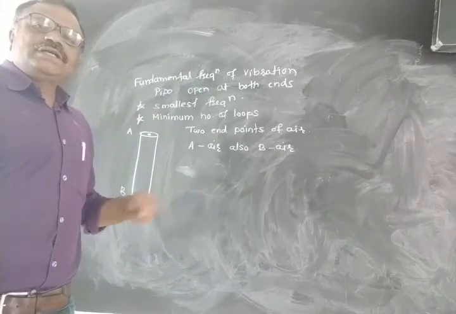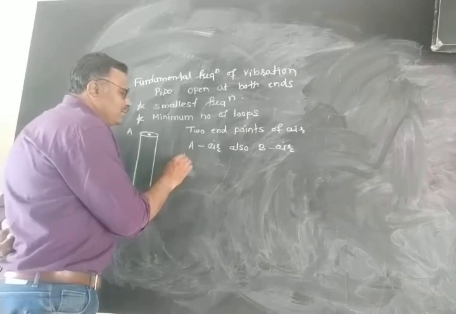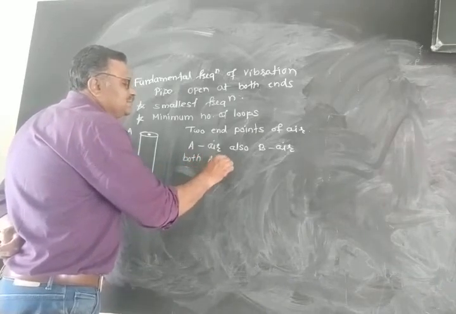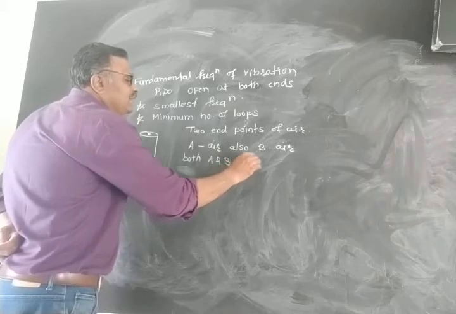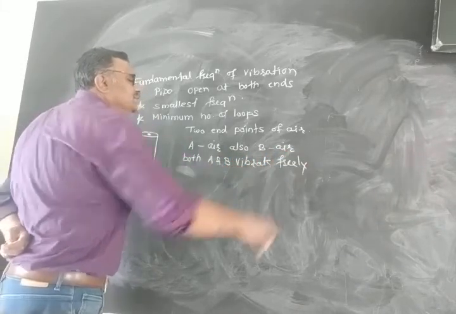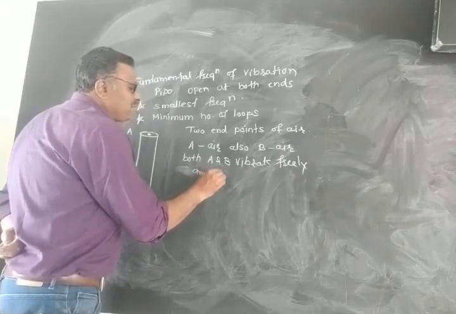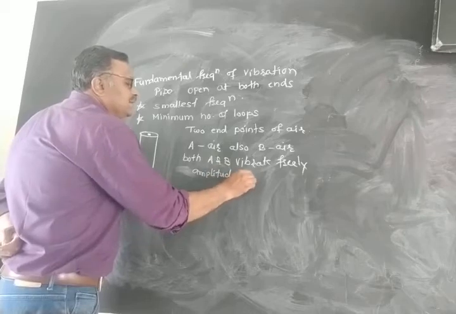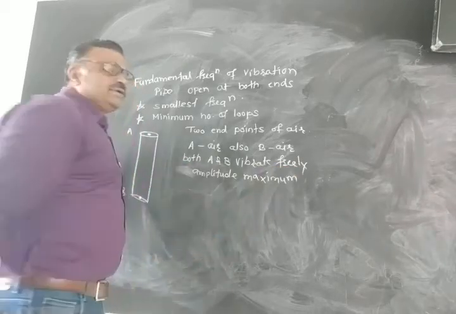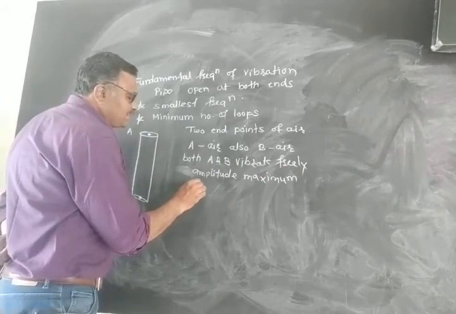Therefore, when a stationary wave is generated inside the air column, both end points A as well as B can vibrate freely above the mean position, and therefore we observe the amplitude of vibration is maximum, and therefore an antinode is obtained.